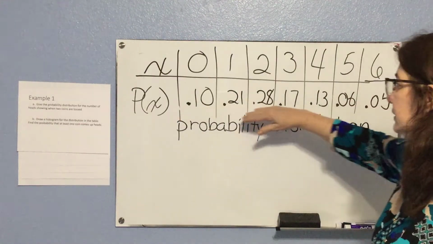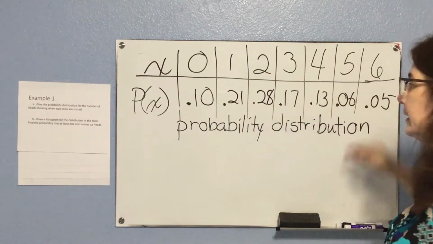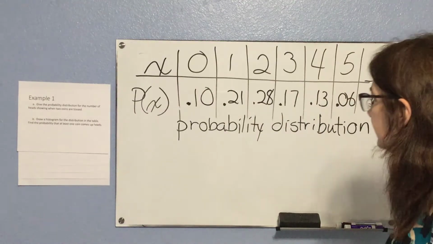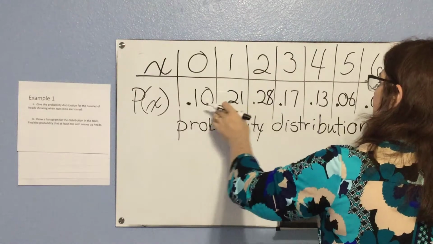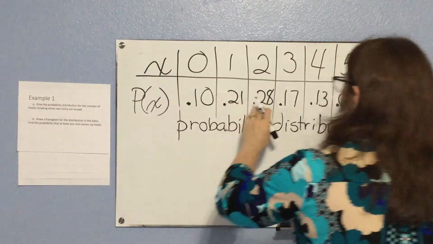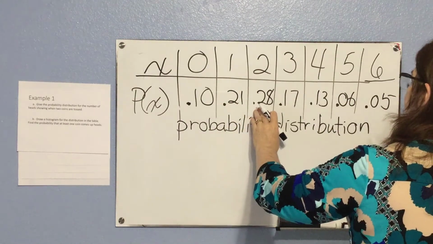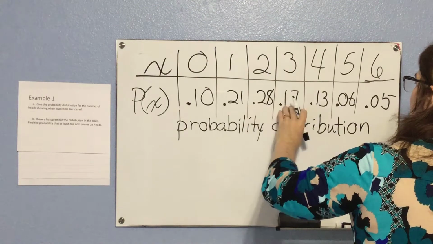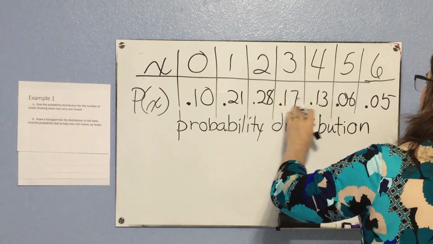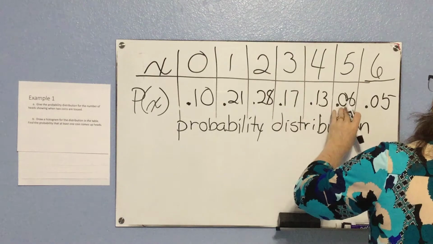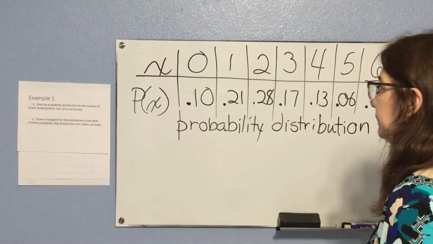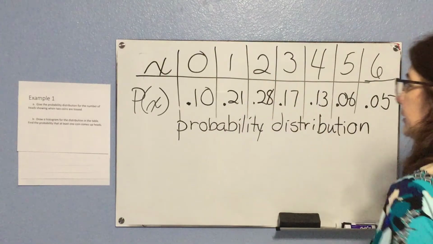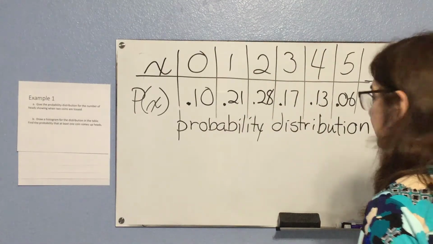These numbers in this row must add up to 1. So I've got 0.10, 0.21, so that would be 0.31. And this would bring it to 0.59, 0.76, 0.89, 0.95, and 1. So this is a probability distribution.